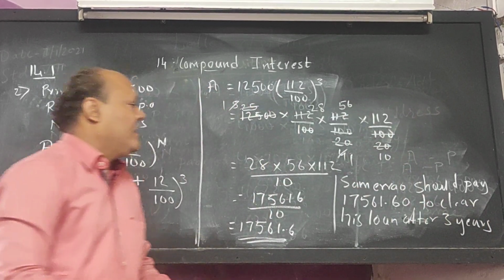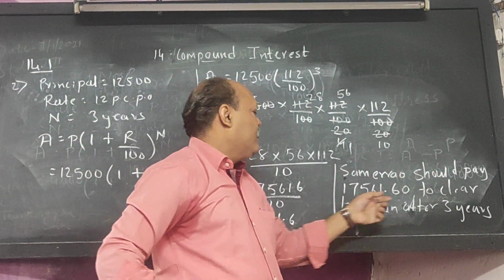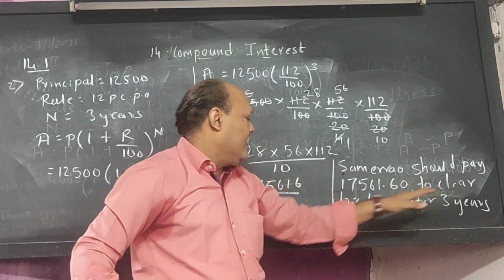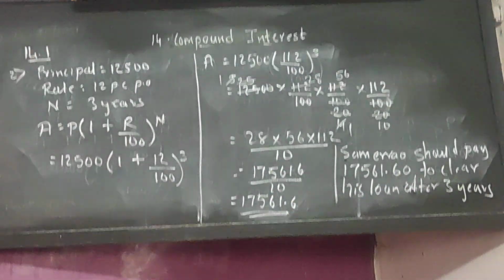So your final statement should be: Samir should pay 17561.60 to clear his loan after 3 years. I hope all of you understood this.